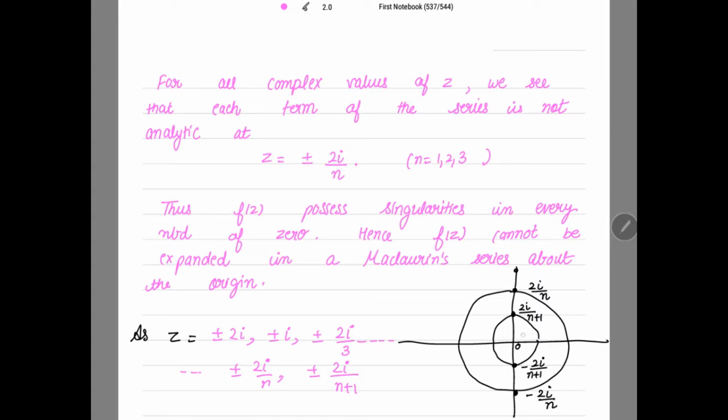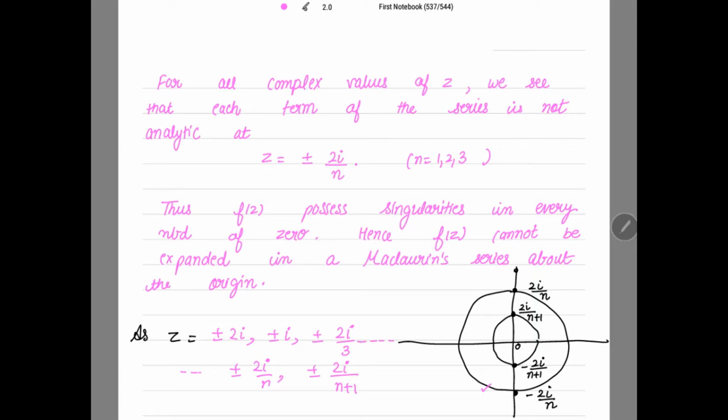In this we have plus minus 2 iota over n plus 1, then the singularity, and if we check this neighborhood of 0, we have plus minus 2 iota by n. So there are so many rings formed, having so many singularities.